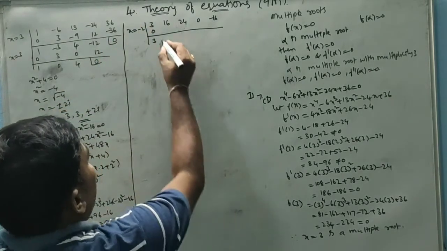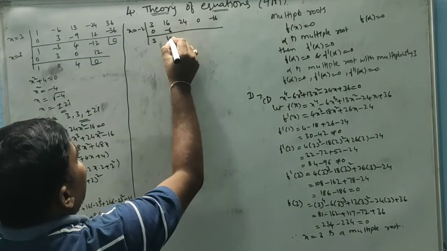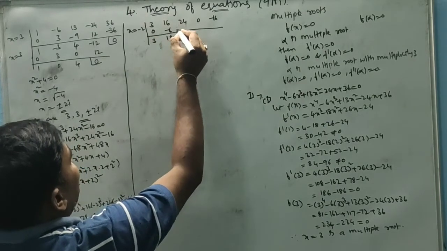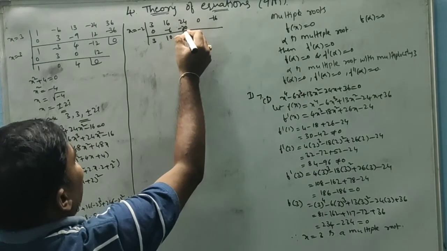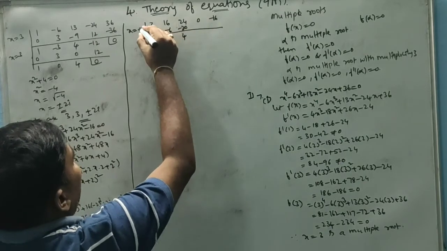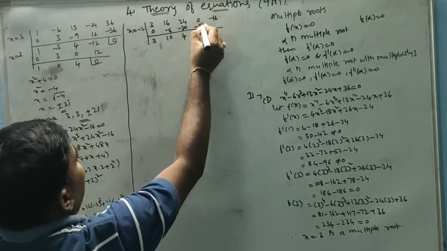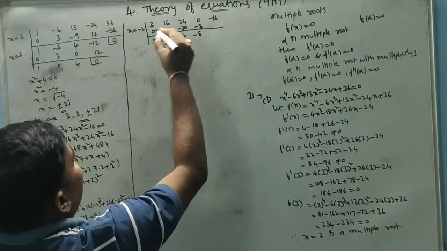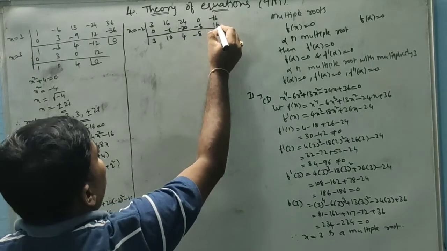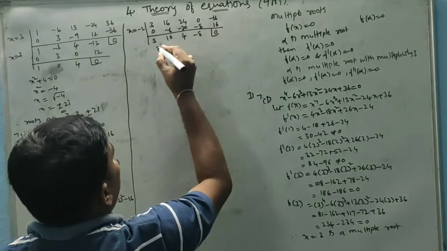Minus 2 into 3, minus 6; 16 minus 6, 10. Minus 2 into 10, minus 20; 24 minus 20, 4. Minus 2 into 4, minus 8; 0 minus 8, minus 8. Minus 2 into minus 8, plus 16; minus 16 plus 16, 0.